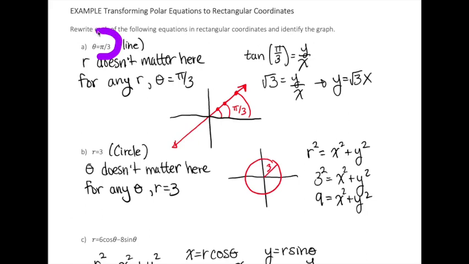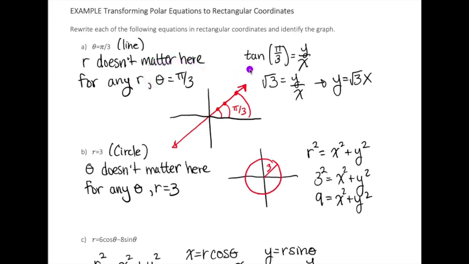So when you have a polar equation with no r in it, and it's just the angle is equal to something, in degrees or radians, that is going to be the equation of a line. Now let's see what this looks like in terms of x and y. We know that r doesn't matter here. r can be anything, and the angle is always going to be pi over 3.